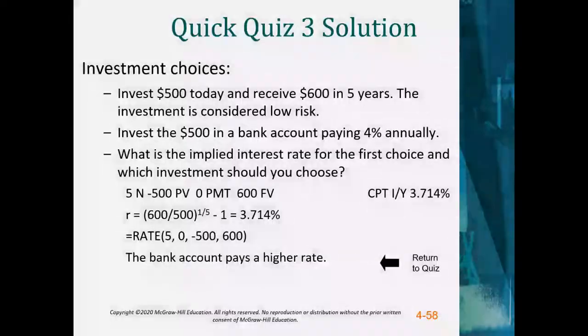Okay. Sorry, I couldn't get rid of the pointer. So here it is, $500 today and get 600 in 5 years, or just put the $500 in the bank earning 4% annually. I can do it with the formula: 600 over 500, to the power of 1 over 5, minus 1, gives me 3.74%.